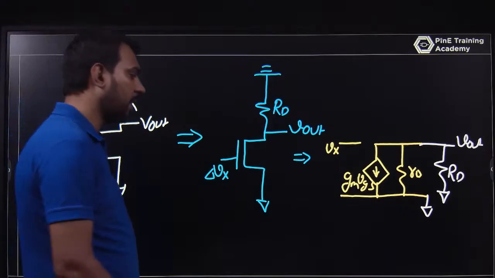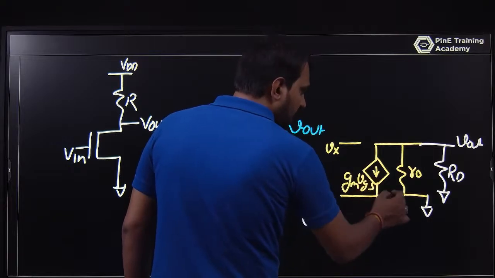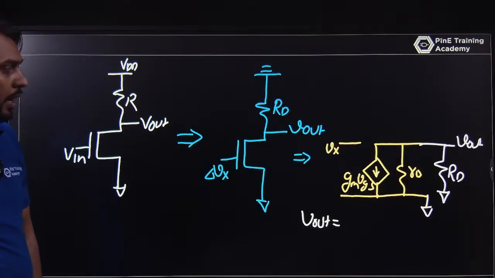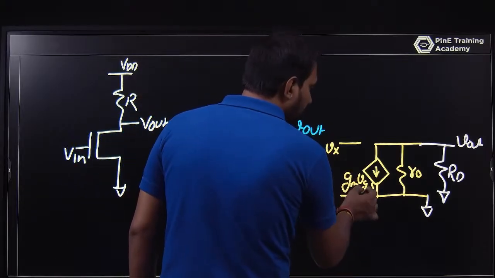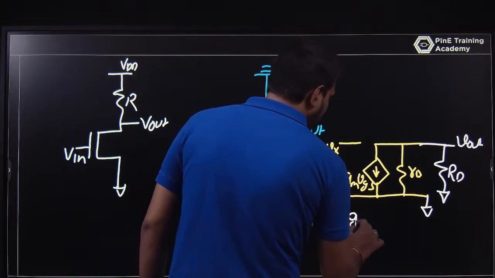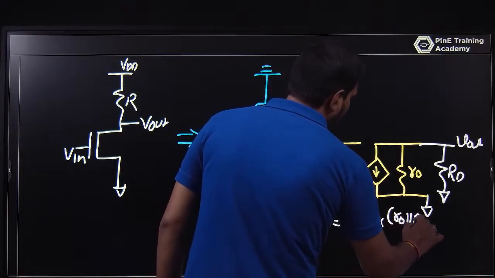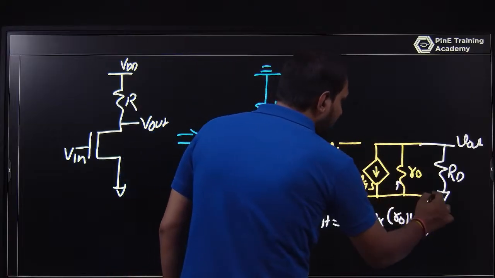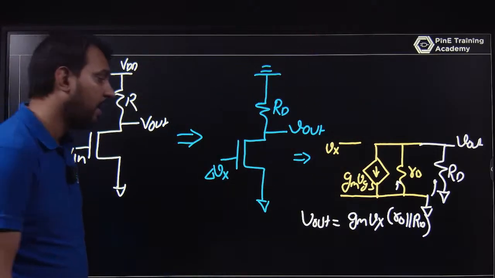V out is basically gm VGS with the parallel of R0 parallel of RD. So that current is multiplied with the resistance, and it will give voltage. So V out will be what? That is gm VGS. VGS means what? Vx minus 0, that is gm Vx times R0 parallel RD. Here the current is entering from ground to upward, so that's why it is negative.